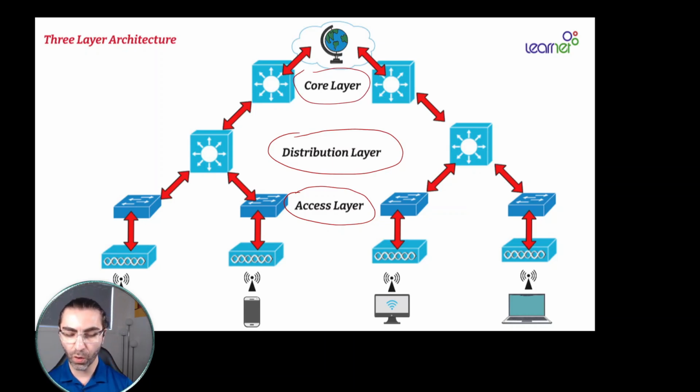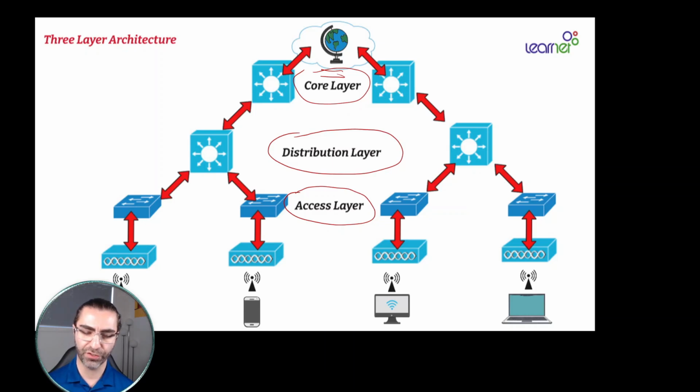When we go up this hierarchy, the processing power of these switches gets higher and higher. So we have our most powerful switches at the core layer because they have to process a lot of traffic coming from different directions.